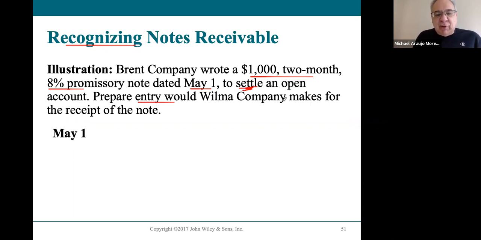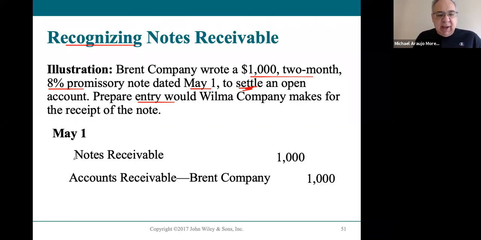So prepare the entry for the receipt of this note. Basically, a new note receivable would be occurring, so you put the note receivable on the books. Again, it's an asset. That's why it's on the debit side. They're using a note receivable to pay their accounts receivable, so the accounts receivable gets closed with a credit for Brent Company.